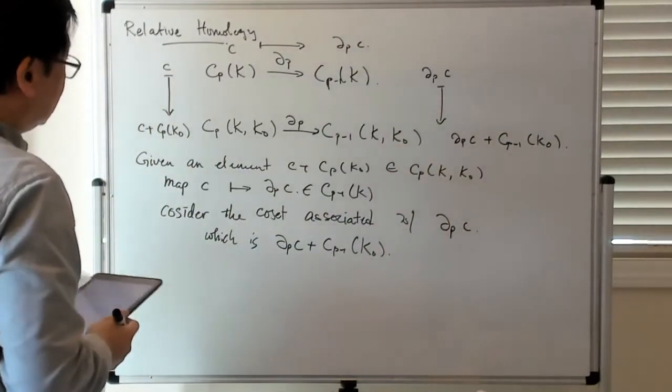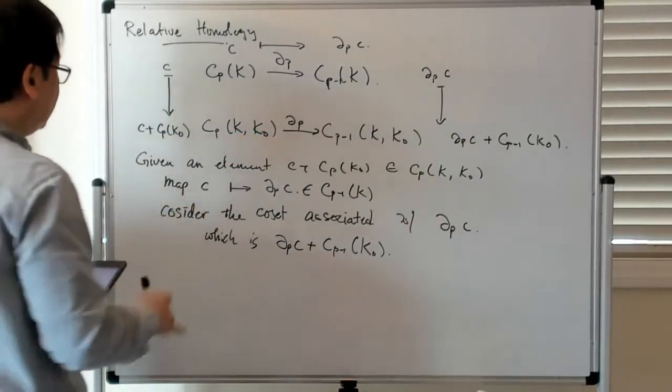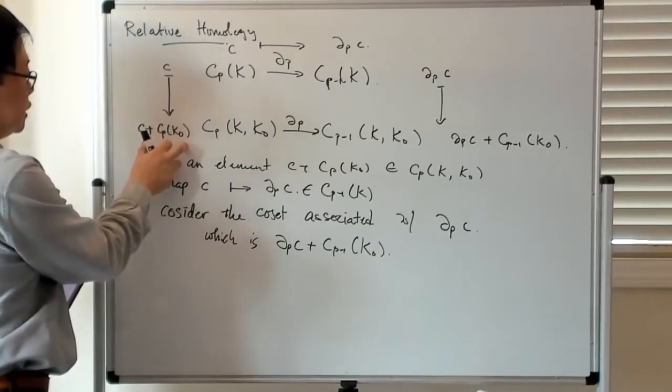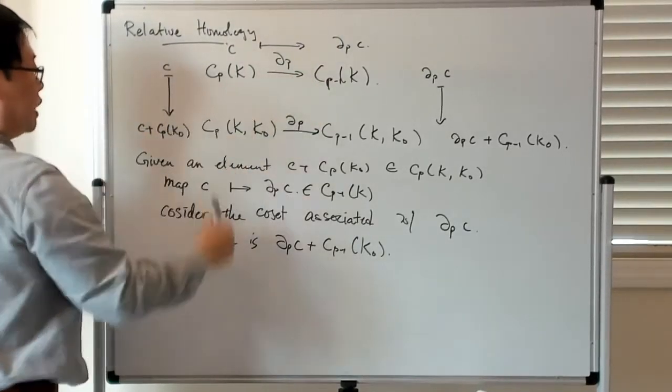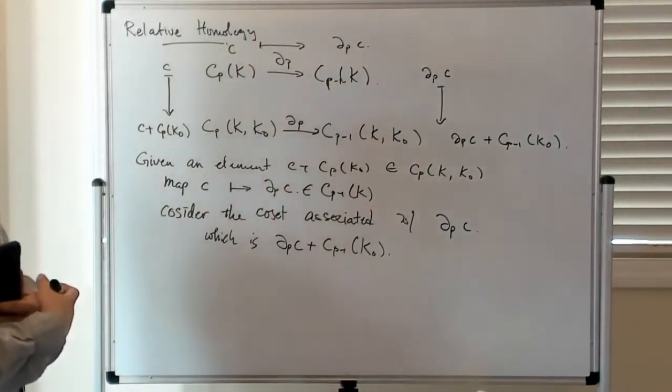So that's basically how you construct this induced boundary operator. You take a representative element in this coset, you map it by the usual boundary operator, and then you look at the coset associated with the boundary of that representative element.